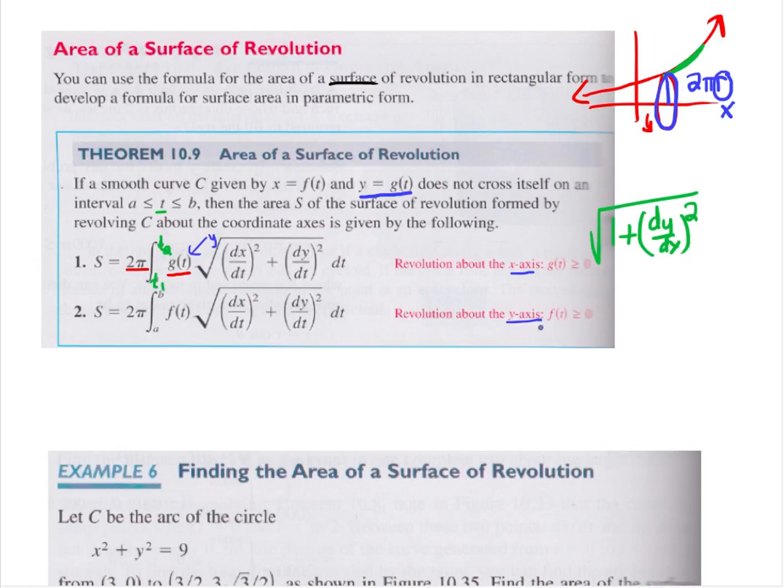If you want to revolve about the y-axis and go the other way, I can just draw it one more time since we're here. So we'll go over here and draw a real similar curve there. And then we'll have the arc length that we want to revolve. Let's say this piece right here. And then we want to revolve it this way.